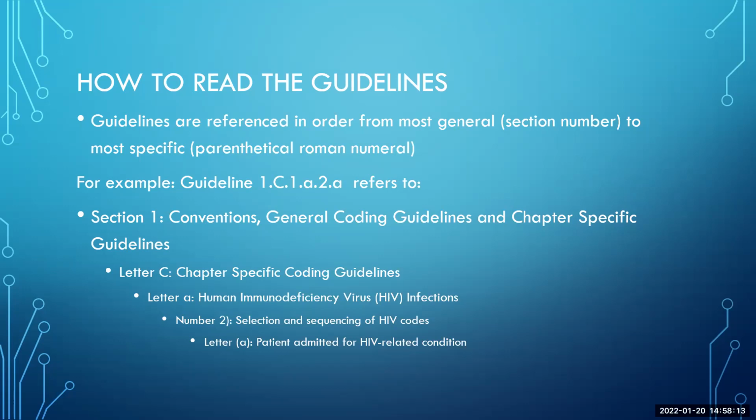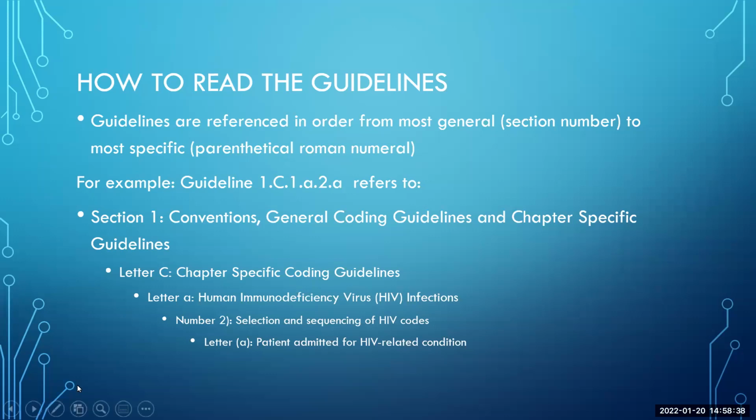Then we get into letter A, which is the guidelines for HIV infections. And then more specific than that is sequencing HIV codes. And then even more specific is the parenthetical letter A, which is how to code patients admitted for HIV-related conditions. So we go all the way from really general down to super specific situations, okay?